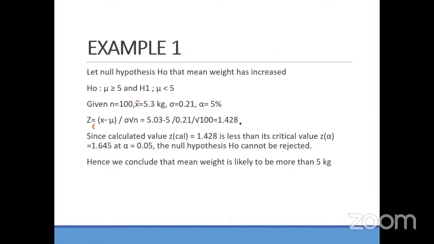By comparing, we see that the calculated value is lesser than the tabulated value. And I mentioned that if the calculated value is lesser than the tabulated value, we cannot reject the null hypothesis. And because we are not rejecting, that means the mean weight of the packets is increasing over the period of time. This is my conclusion, right?